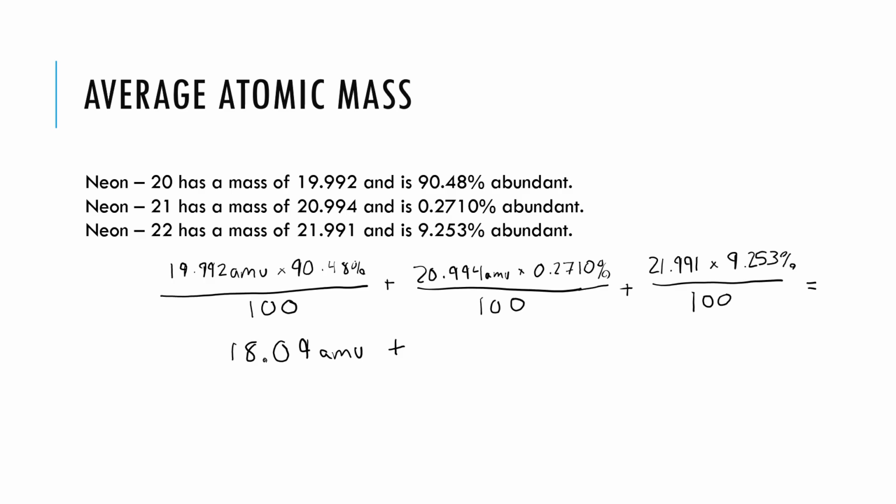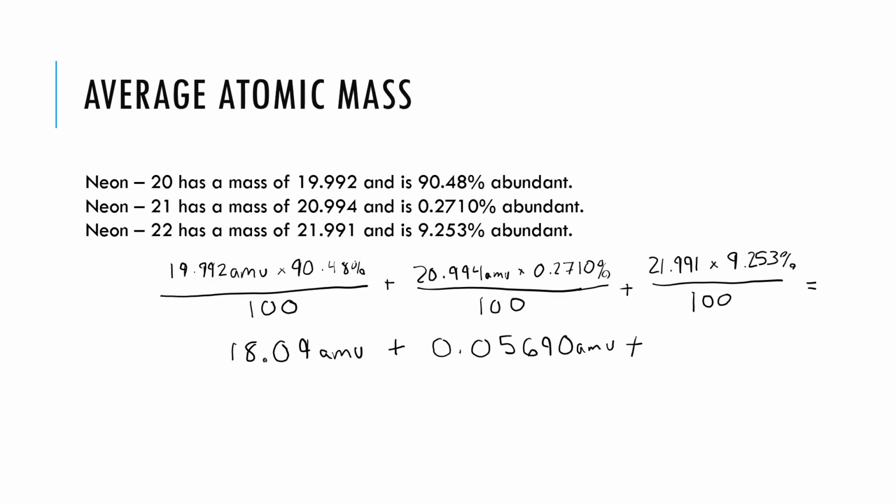So let's do our next one. We have 20.994 times 0.2710 divided by 100. In this case, this one's going to be tiny because, again, this is a weighted average. This one is only 0.2710% abundant. It's not very abundant, so it doesn't play as much into that weighted average. Again, keeping 4 significant figures, we will get 0.05690 AMU.